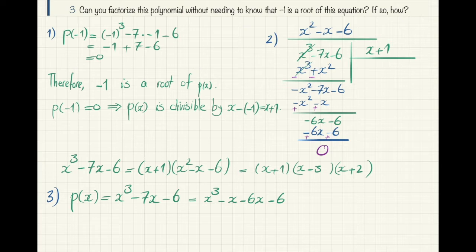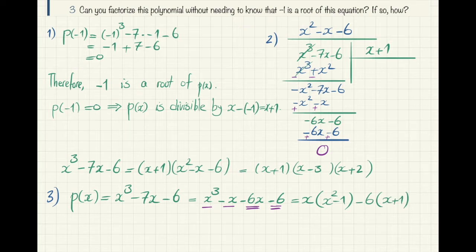Okay, so what can I do now? I can continue. I can take these two in one group, and I can take these two in the same group. In the first group, I factor x out, so x squared minus 1 is left. And in the second one, I can factor minus 6 out, x plus 1 is left.